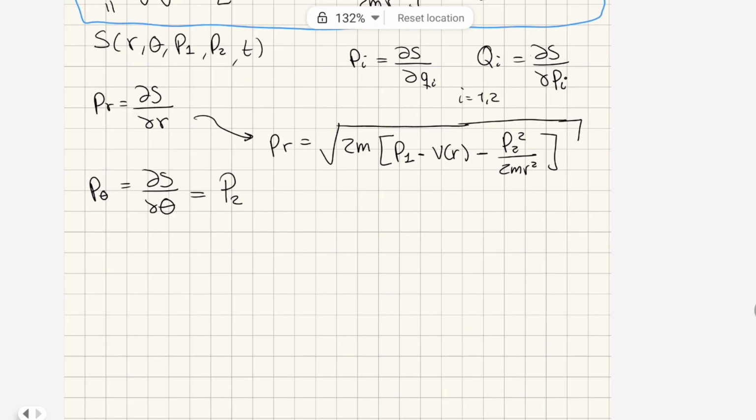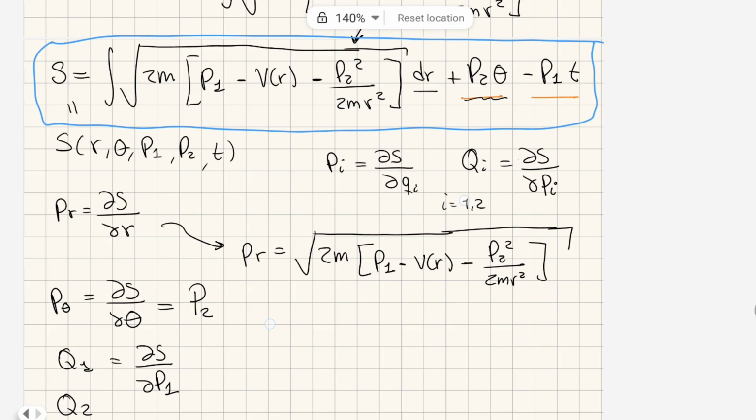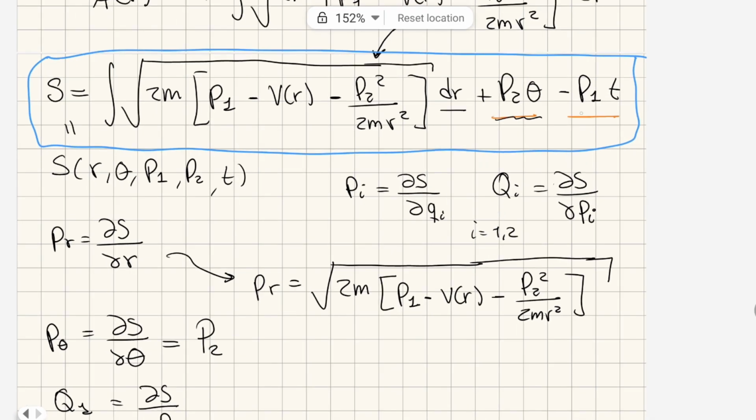Another thing that we can do is to calculate the transformations Q1 and Q2. We see that Q1 will be equal to the partial of s with respect to P1. But what will that be? We need to take the derivative of all this with respect to P1.